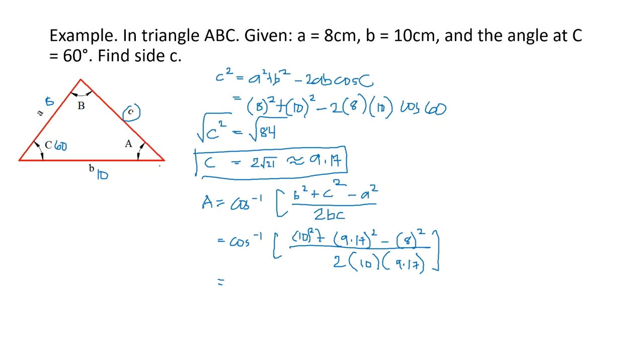this is equivalent to 49.1 degrees. So that is our angle A. Check on this one. Now we can solve for the angle B. You can just use B is equivalent to 180 minus 60 minus 49.1.